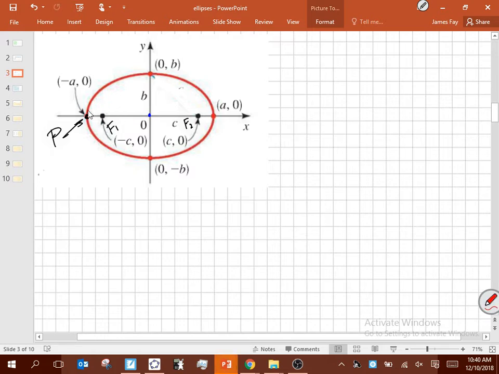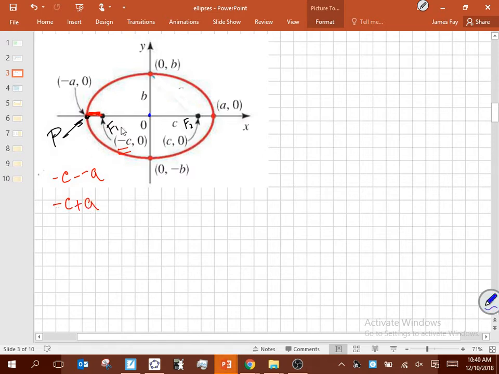Because then we're able to find F1 to P. F1 to P would just be that distance right there. That's horizontal, and to find the horizontal distance, we just take the x-coordinates of negative C and negative A, and we subtract them. So we get negative C plus A as that red distance.